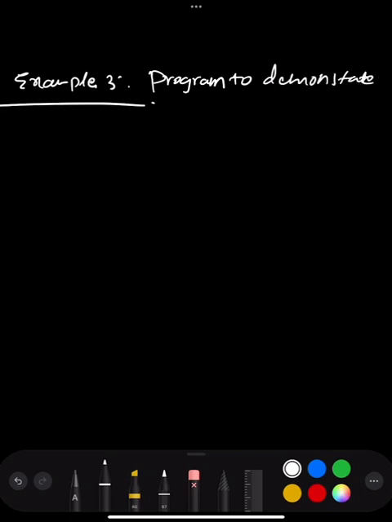Example 3. Program to demonstrate the pre-decrement operator in C. We will use pre-processor directive #include <stdio.h>.